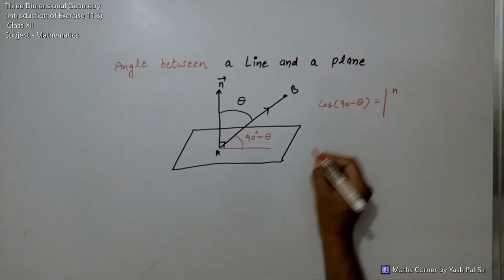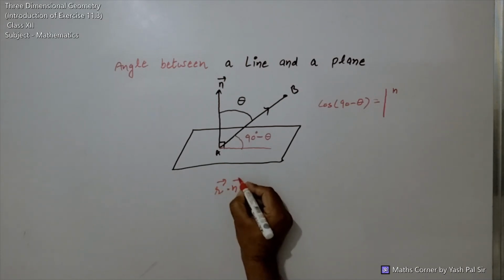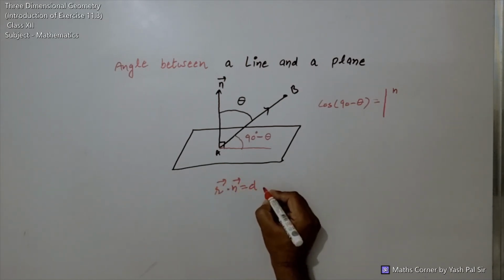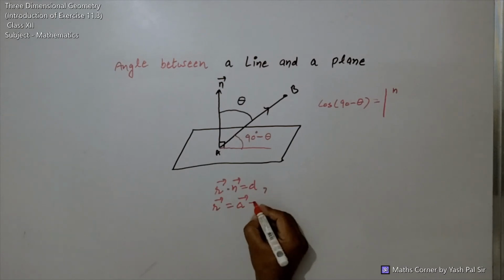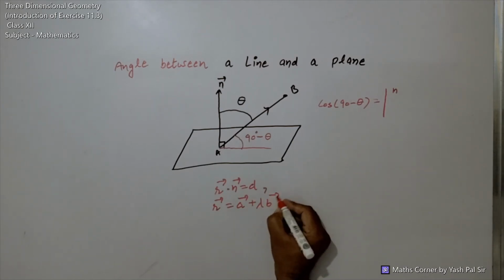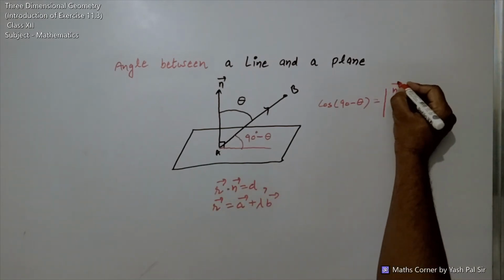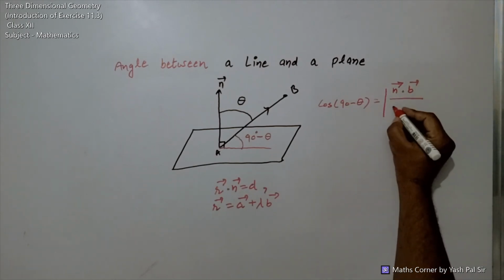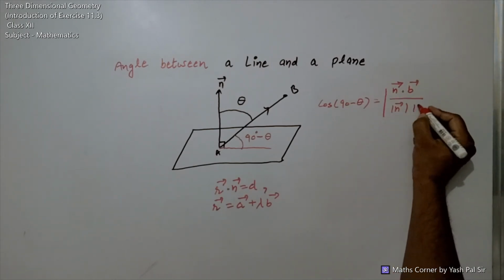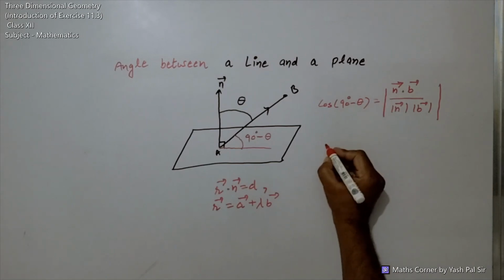So this will be equal to n dot b. What is n? The equation of the plane is vector r dot vector n is equal to d, and the equation of the line is vector r is equal to vector a plus lambda vector b, right? So the direction ratios of the normal to the plane, n dot b vector divided by the magnitude of n into the magnitude of vector b.